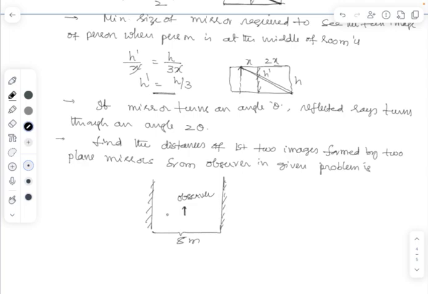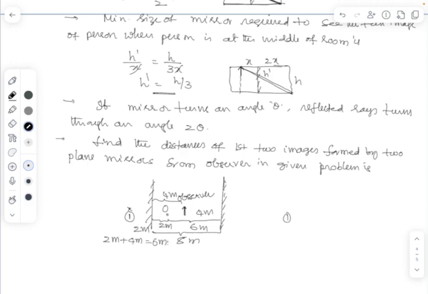This is the object. Object placed at 2 meter from first mirror and 6 meter from second mirror. So this is the first image formed by first mirror and this is the first image formed by second mirror. This is 2 meter. 2 meter plus 4 meter equal to 6 meter.